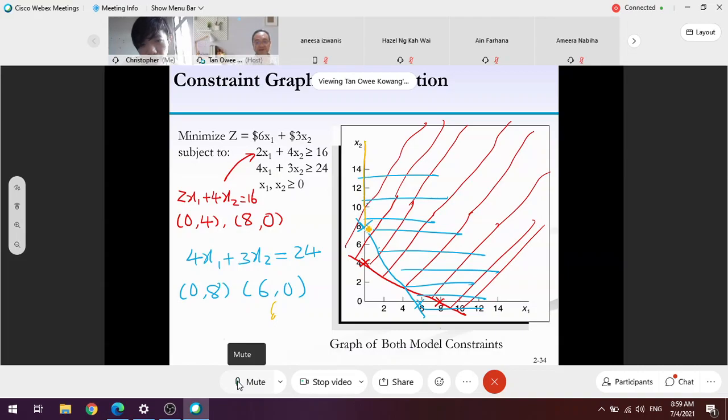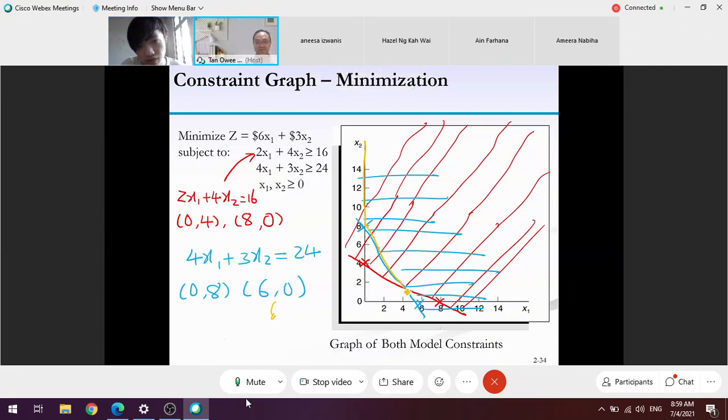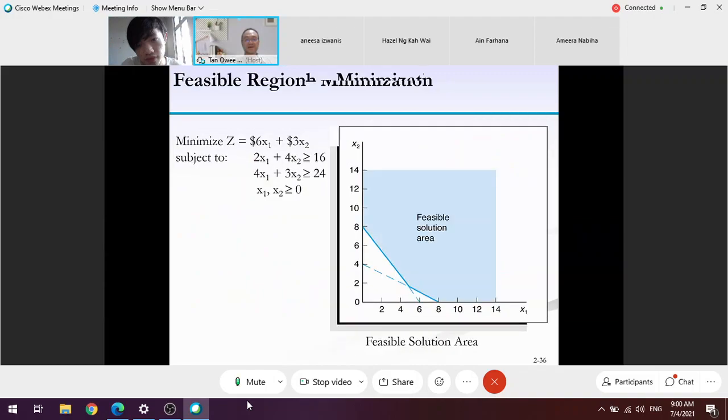I must stop here, I cannot go further, because if I go further, the area is only red, not blue. So the commonly shared area is only up to here. My sketch is not so good today. This is the feasible solution area.